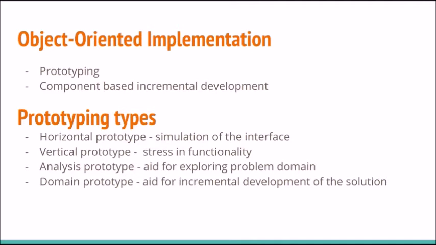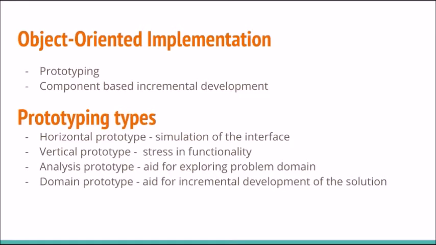For the object-oriented implementation, we cover two different ways of implementation, which are prototyping and component-based incremental development. There are 4 different types of prototypes. The first one is the horizontal prototype, which stresses the simulation of the interface.